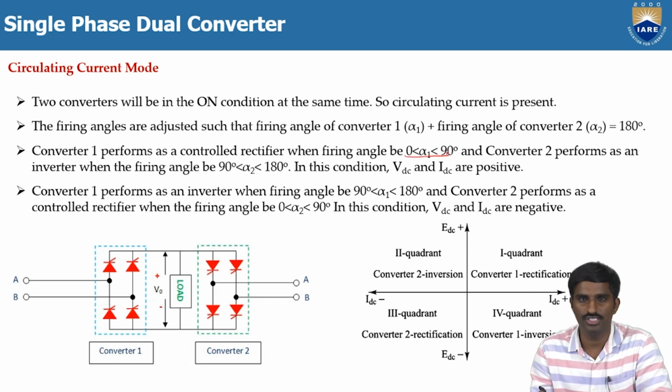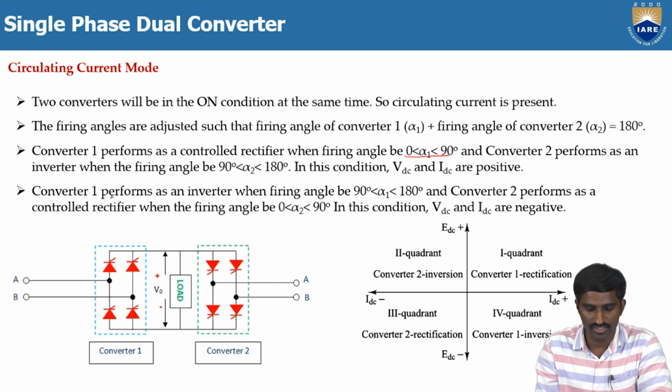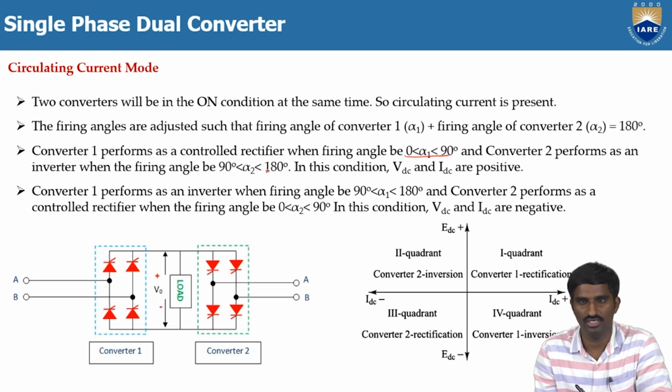And converter 2 performs as an inverter when the firing angle is in between 90 and 180 degrees. In this condition, both VDC and IDC are positive.